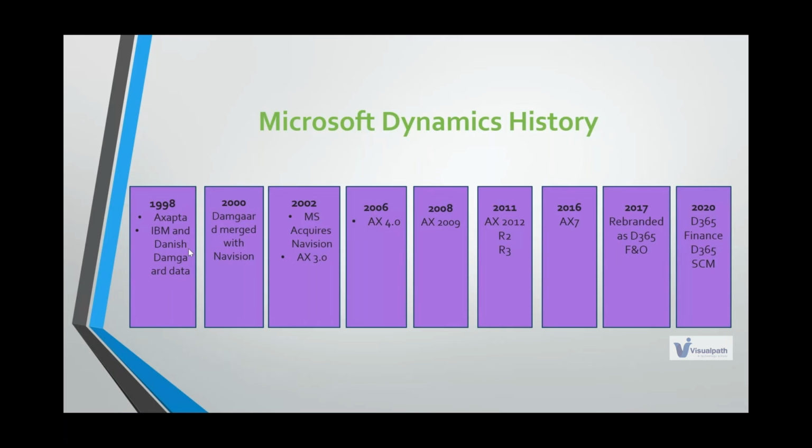Later in 2002, Microsoft acquired this Navision company, and they called the product AX 3.0. AX is nothing but a short form of Axapta. Please don't get confused. AX or Axapta or D365 Finance and Operations, all are the same. We are talking about the same software, but earlier we used to call it by different names.